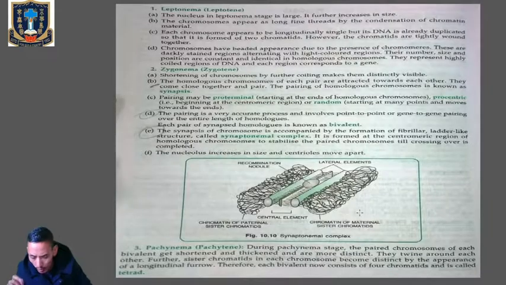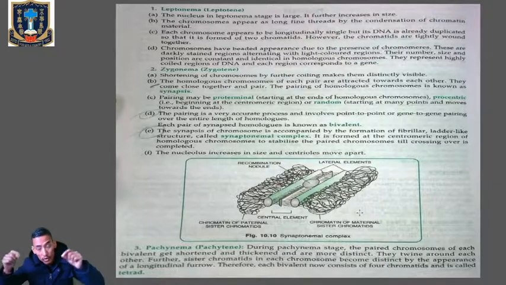Note it down. During leptonema, or leptotene, the chromosomes become gradually visible under the light microscope. The compaction of chromosomes continues throughout leptotene, because chromosomes will be in the form of thread-like structures.